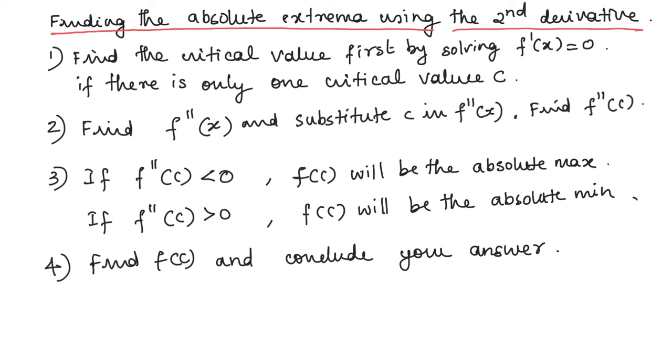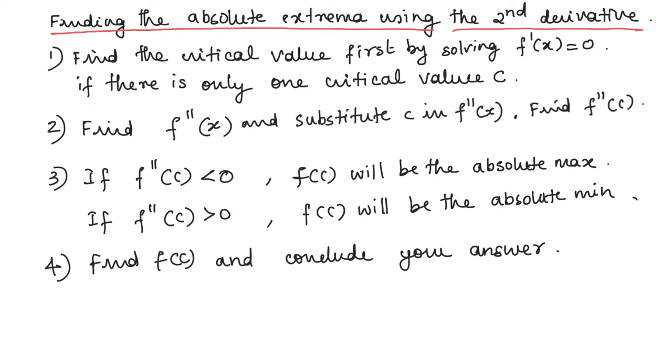If that value is negative, then f of c will be the absolute maximum. If that is positive, f of c will be the absolute minimum. In order to conclude the answer, we need to find f of c. So substitute that critical value into the original function to find the corresponding y value.